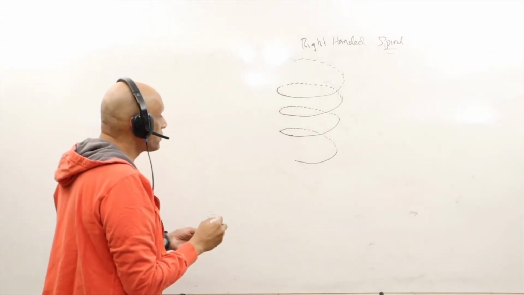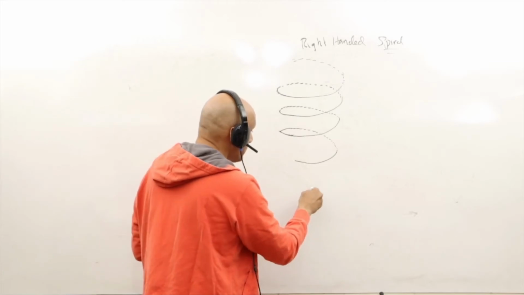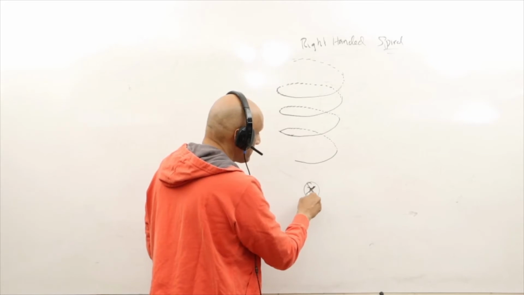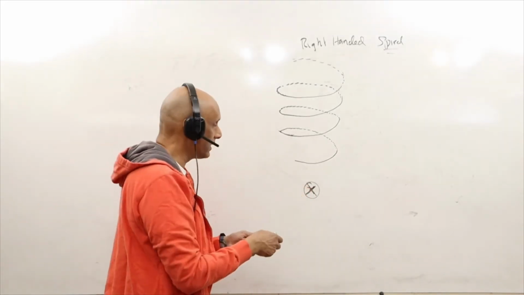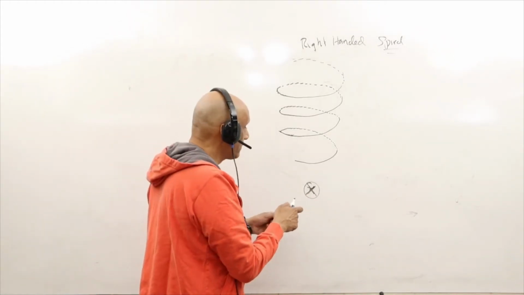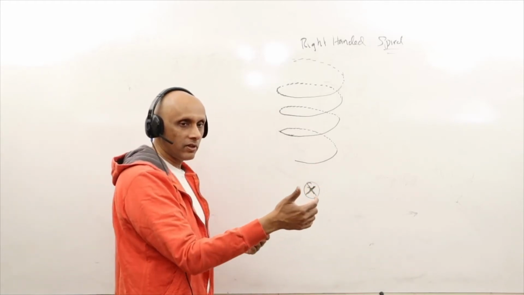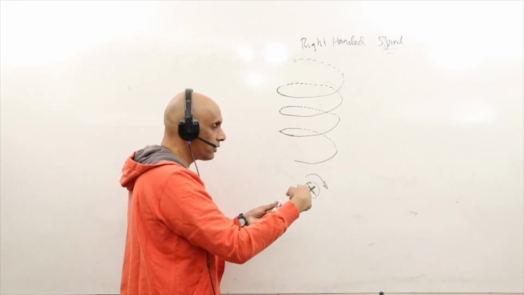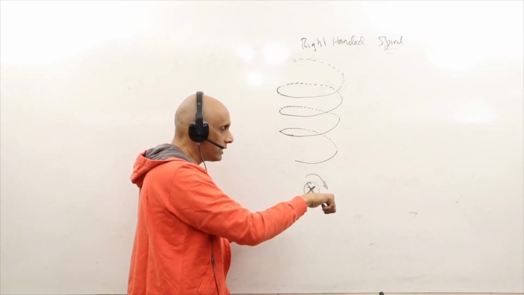So what's a right-handed screw? Let's imagine that we have a right-handed screw, and it's got a Phillips slot, so you can use a Phillips head to turn it. Most screws are right-handed. So if I turn this way, notice my finger is pointing into the board, the screw is going to go into the wall, because I'm turning this way and my finger points in the direction of motion.